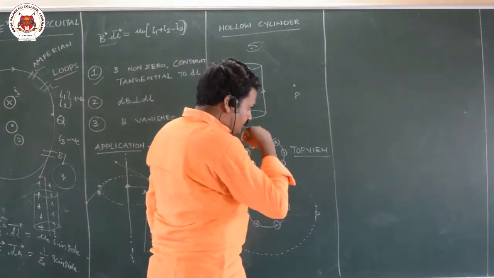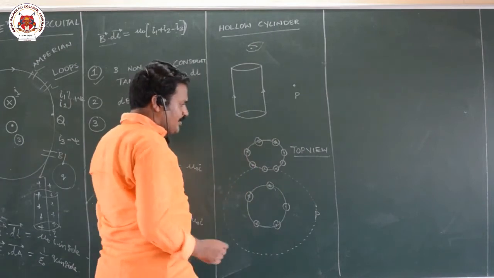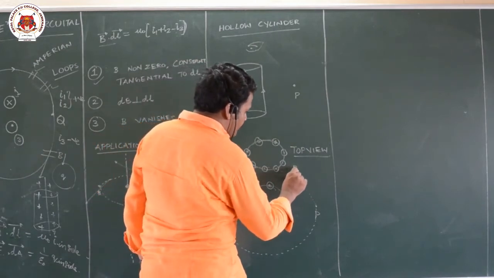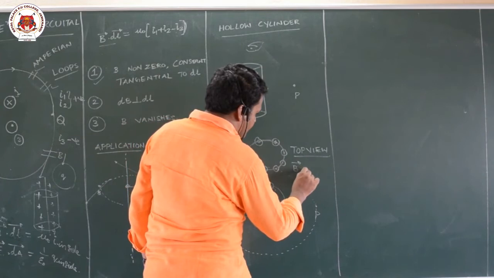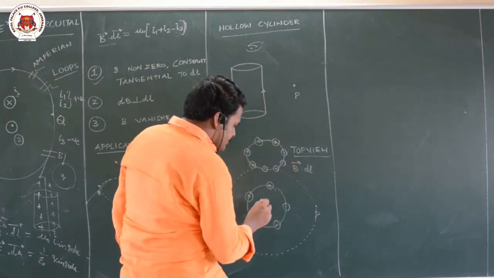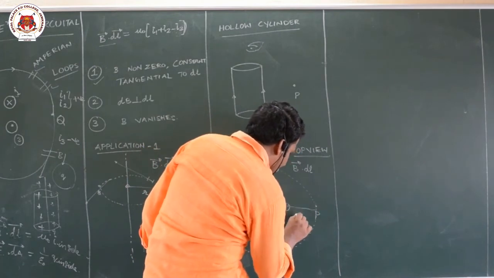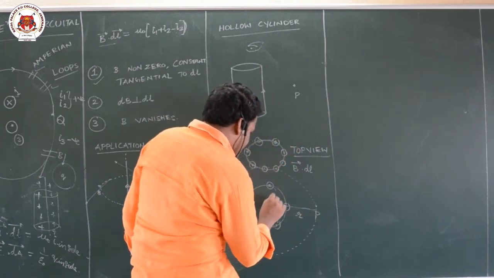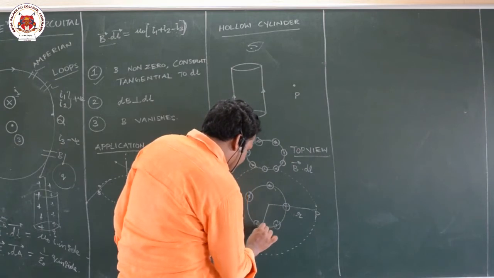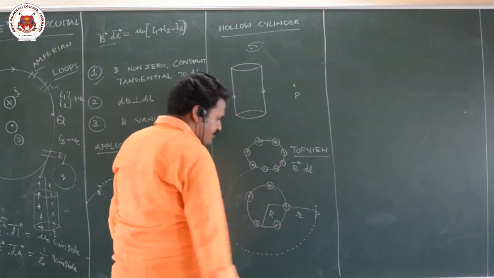Now according to Ampere's loop law, B dot dl. In this case, small r is the distance of the point from the center, whereas capital R is the radius of the hollow cylinder.